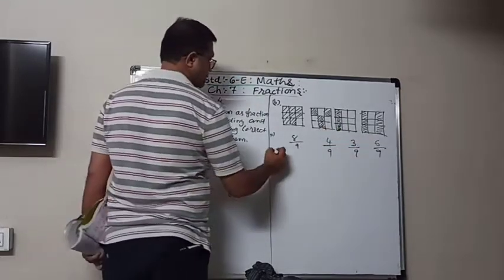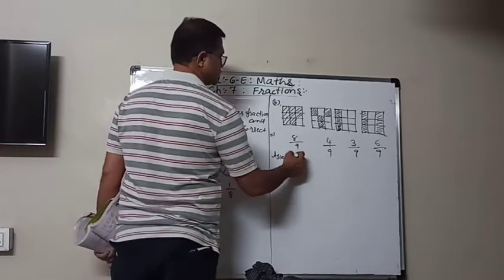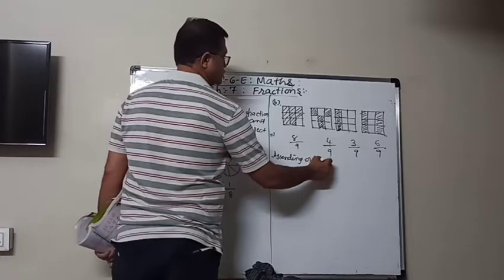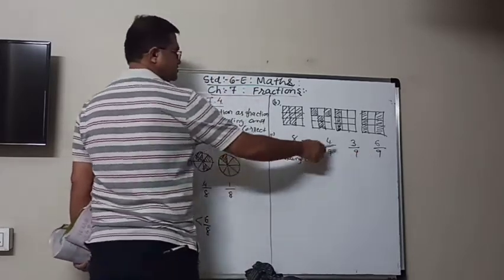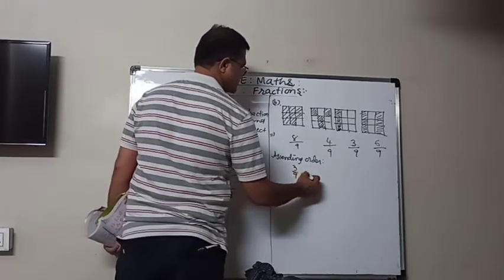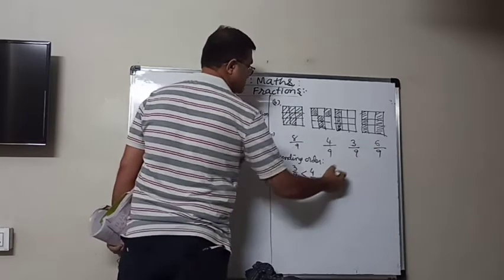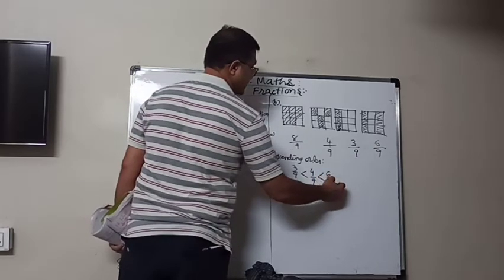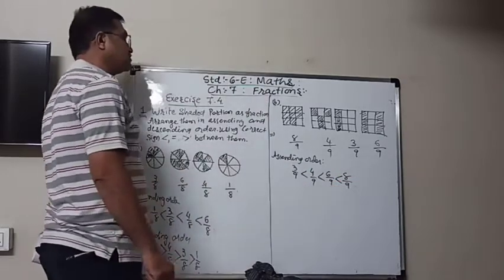So now ascending order. Which is the smallest part? As they are like fractions, 3. So 3 upon 9 is less than 4 upon 9, is less than 6 upon 9, is less than 8 upon 9.